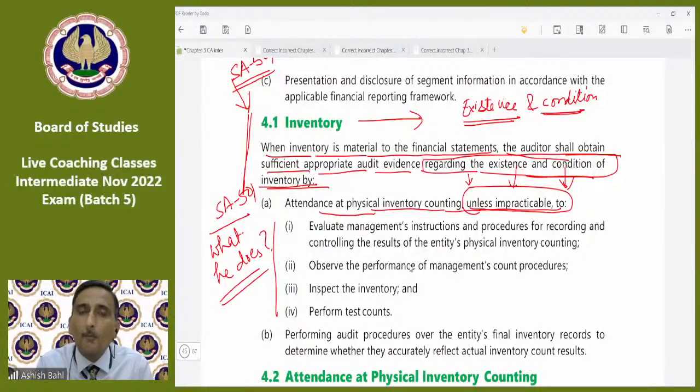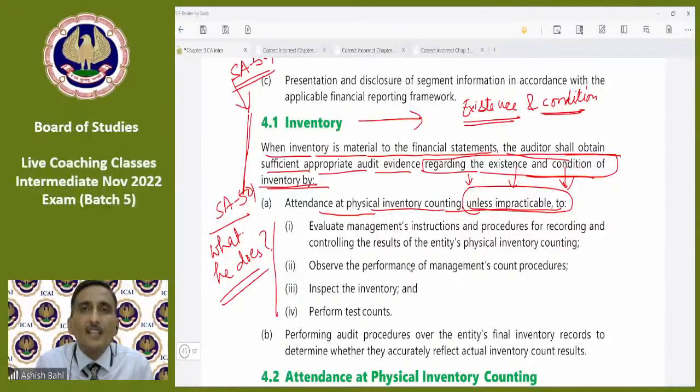Are the arrangements proper? Would they be able to give correct results? What are the instructions given to the inventory counting staff? Who is controlling this whole exercise? This question would definitely be addressed by him. This question would be coming to his mind.